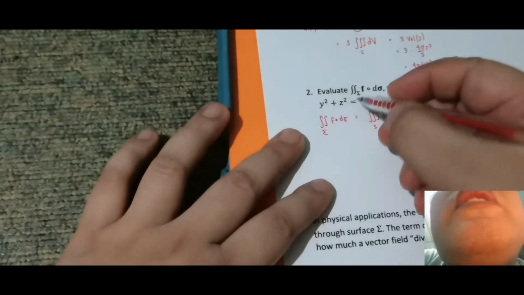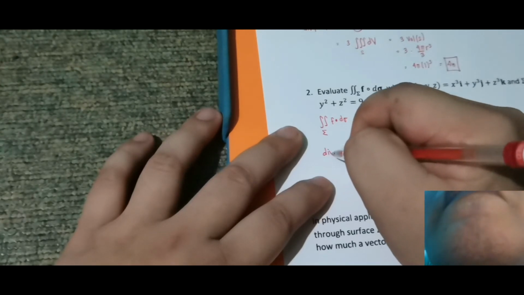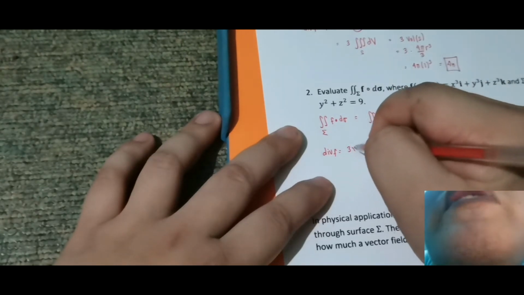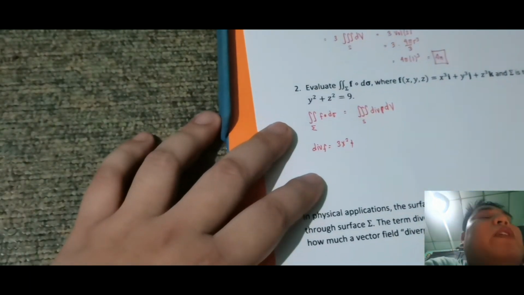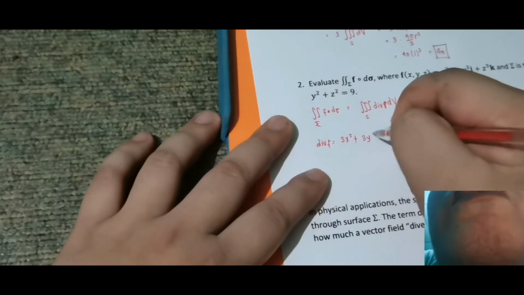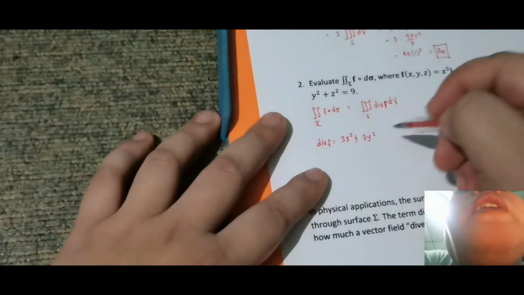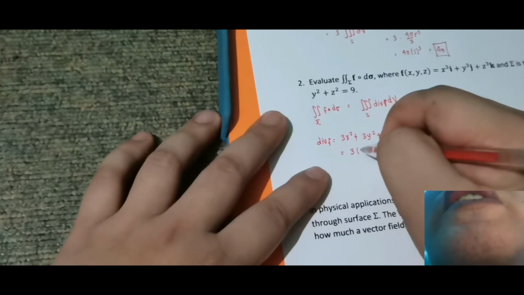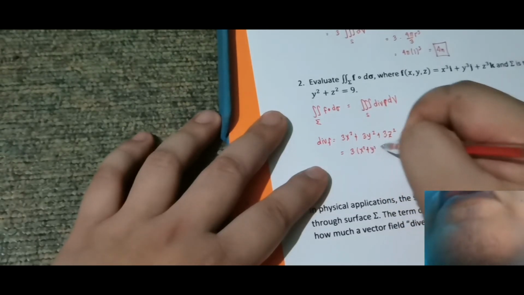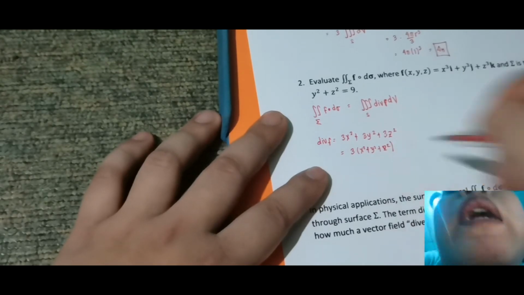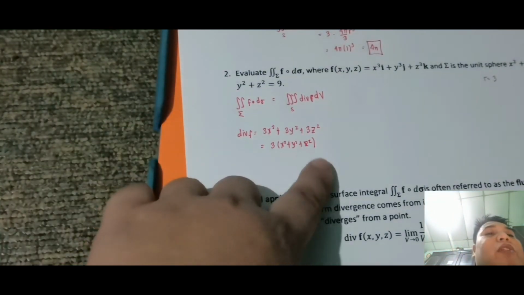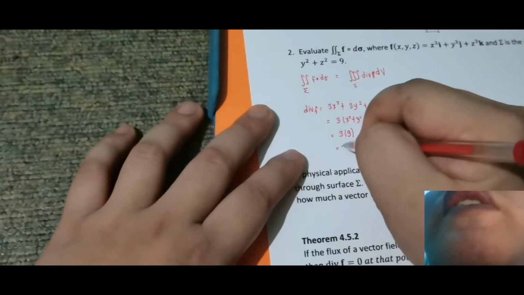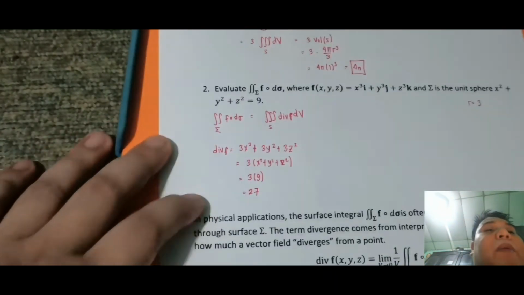The divergence of f is the partial derivative of x cubed with respect to x, which is 3x squared, plus the partial derivative of y cubed with respect to y, which is 3y squared, plus the partial derivative of z cubed with respect to z, which is 3z squared. I can factor out 3, giving 3 times x squared plus y squared plus z squared. But given the sphere, x squared plus y squared plus z squared is equal to 9. So this is 3 times 9, which is 27. So the divergence of f is 27.